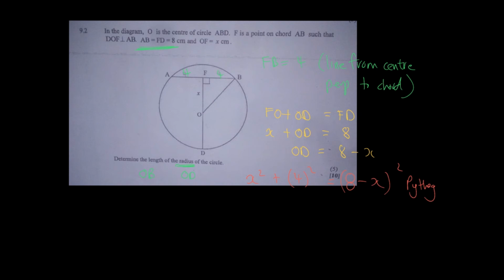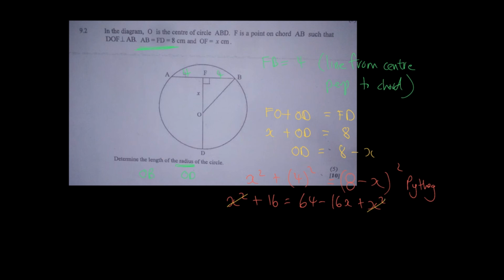Now we have to multiply out our brackets, so we end up with x squared plus 16 is equal to 64 minus 16x plus x squared. We're squaring the binomial. Our x squared terms are going to cancel one another out, and that means that we're going to be left with just an x term.